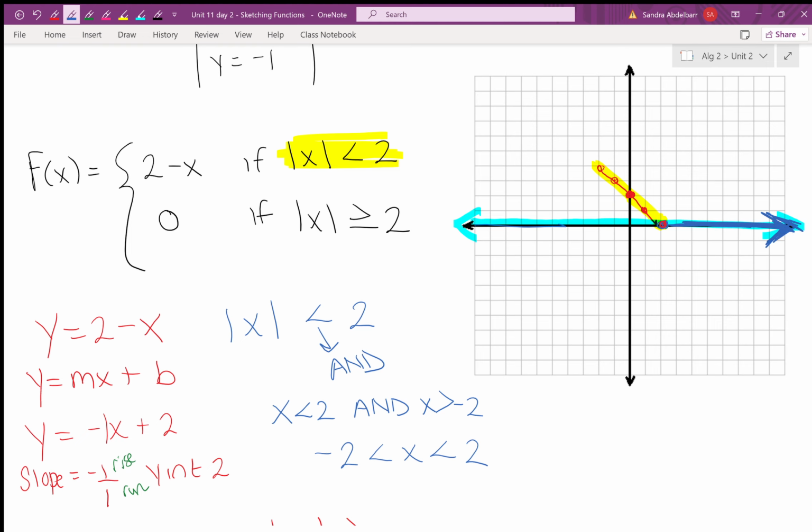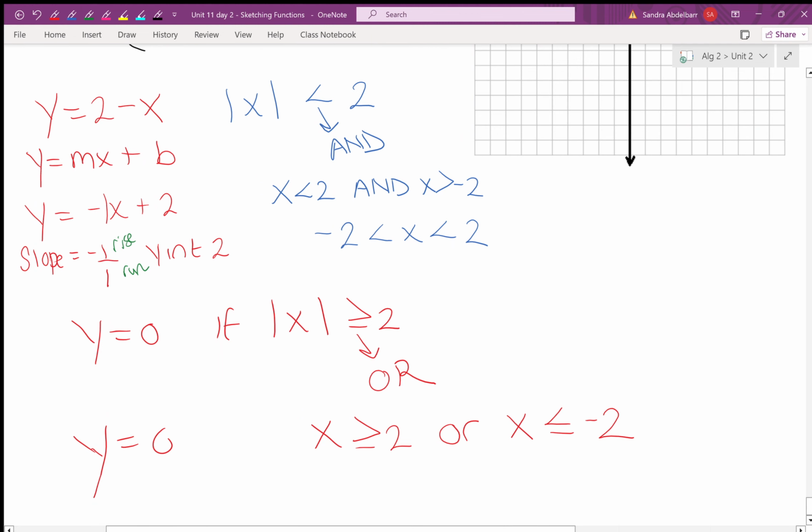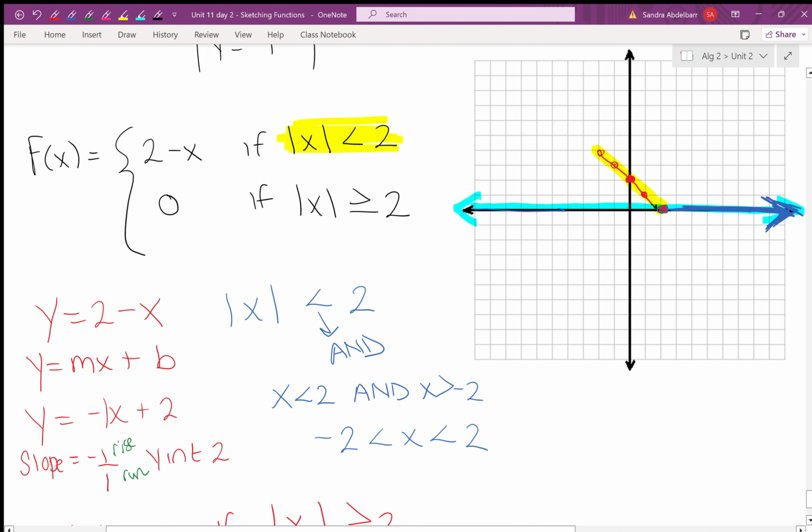And then it's saying x is less than or equal to negative 2. So that's 1, 2. That's going this way. What about the whole middle area? What should I do with that? Delete it. So that's what this looks like. All these should be closed.